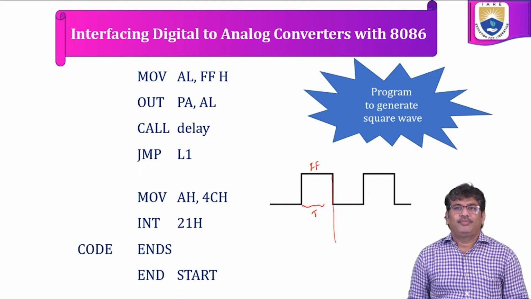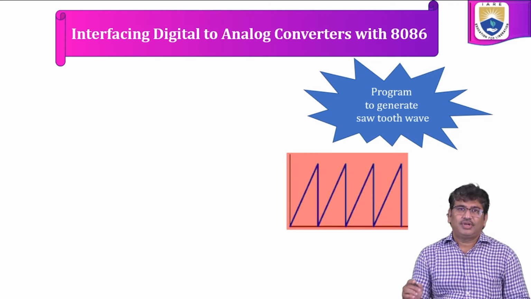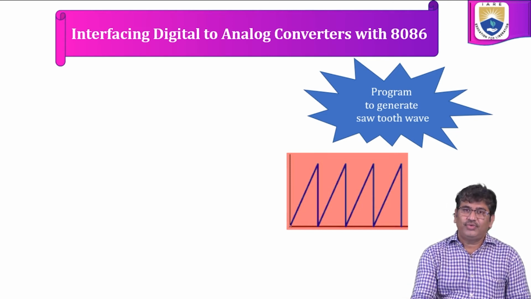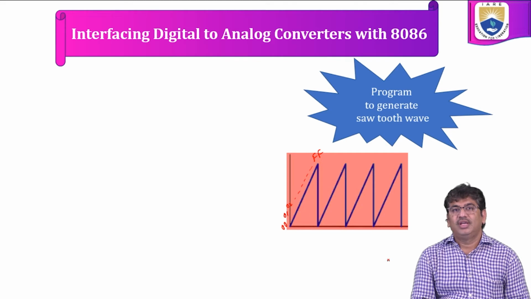The next program is for generation of a sawtooth wave. In the generation of a sawtooth wave, if you observe the waveform, this wave is changing its value from 00 to FF linearly. First we will pass 00, then 01, 02, like this it will extend up to FF.